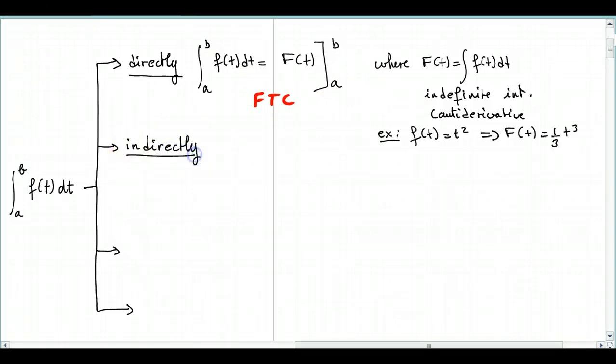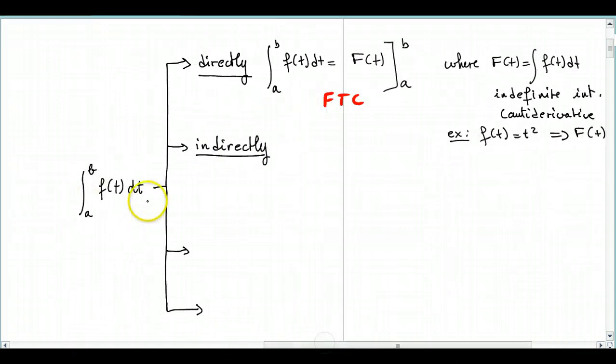Meaning what? Meaning I'm looking at this integral that I have to compute, and I don't see an obvious antiderivative of f of t. But if I do a u substitution, then I will find an antiderivative, okay?